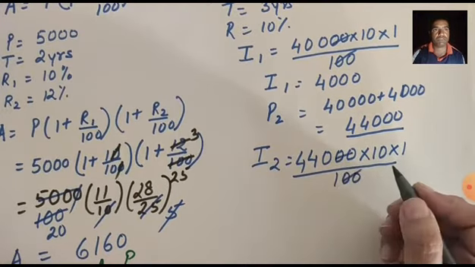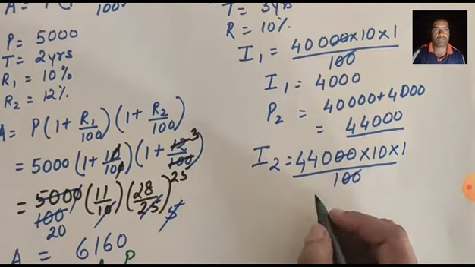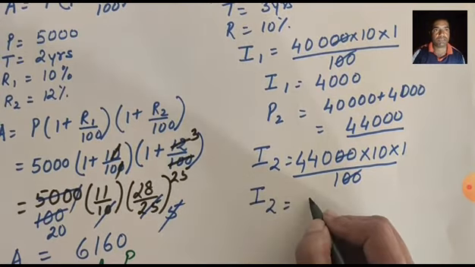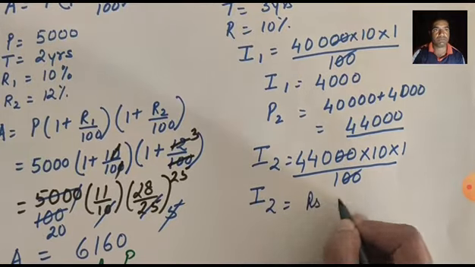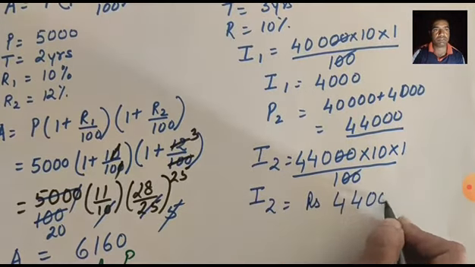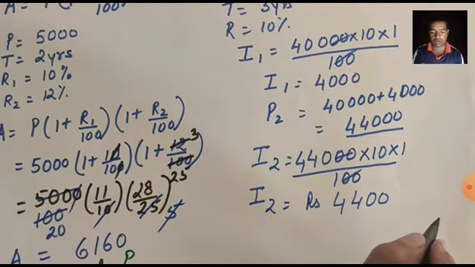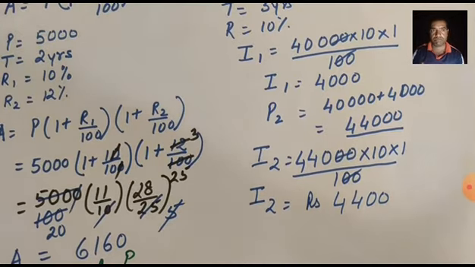Two zeros get cancelled. 440 into 10 is 4,400. So we got the interest at the end of the second year, which is 4,400.